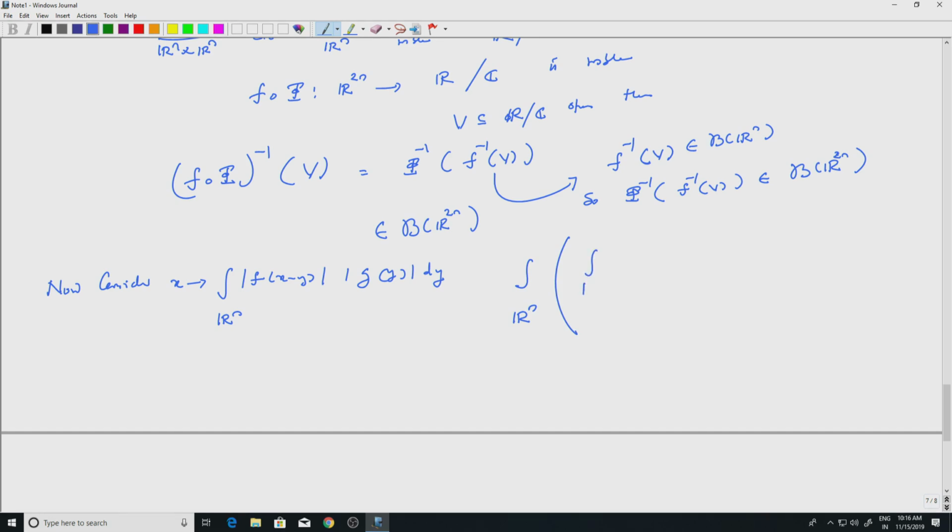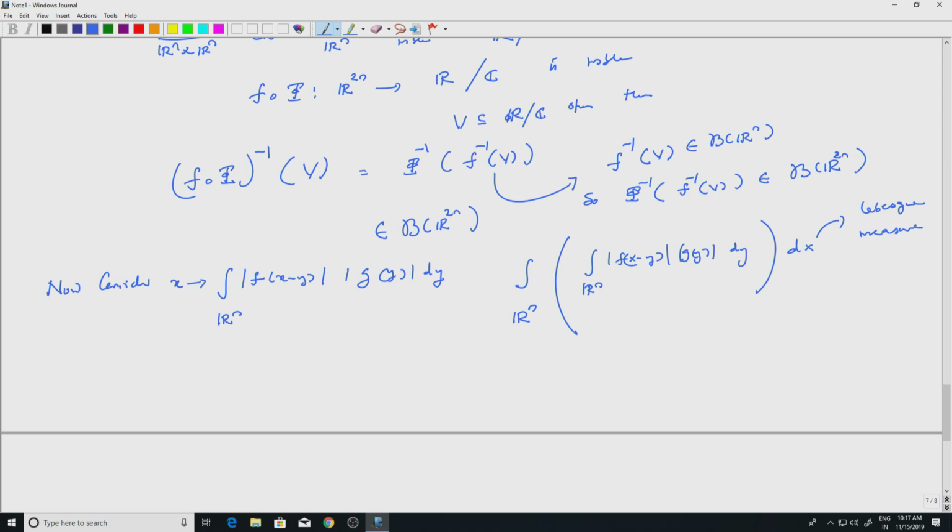So that is the integral over R^n of the integral over R^n of modulus of f of x minus y times modulus of g of y, dy and dx. So all these are Lebesgue measures, by the way. I am not writing m, we simply write dx, dy, which will denote Lebesgue measure on the corresponding spaces.